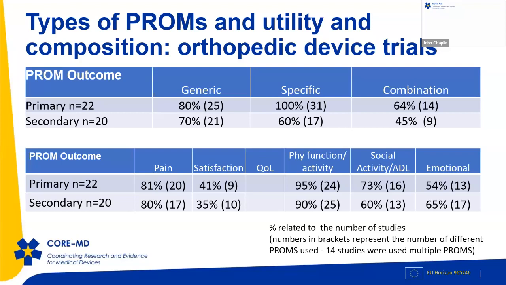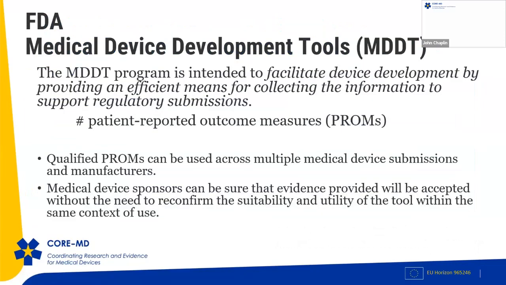Most specifically, where PROMs are used as a primary outcome, then the condition specific tends to be used all the time. In the PROM outcomes, we also see that where primary is used, then there tends to be more quality of life, different elements of quality of life tend to be looked at than in the secondary outcomes areas.